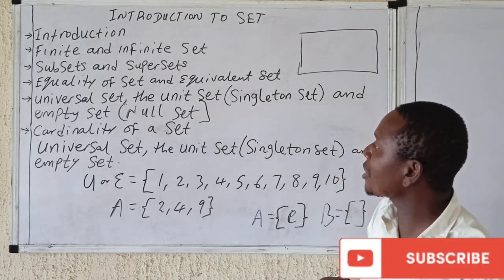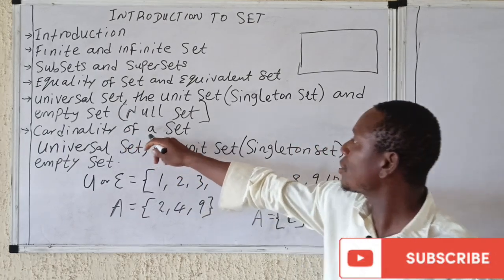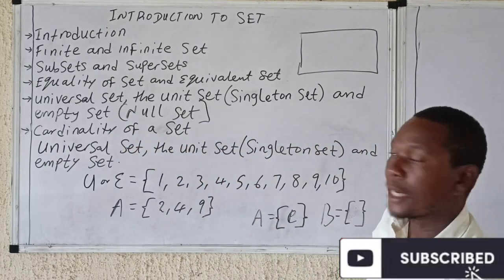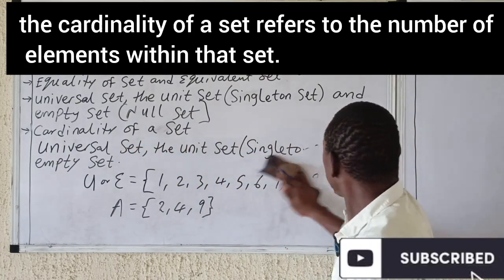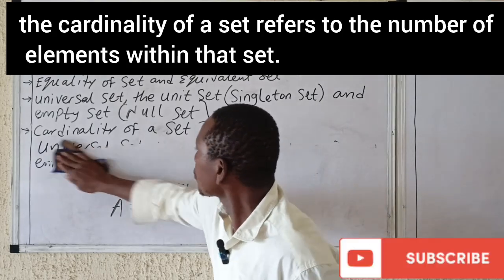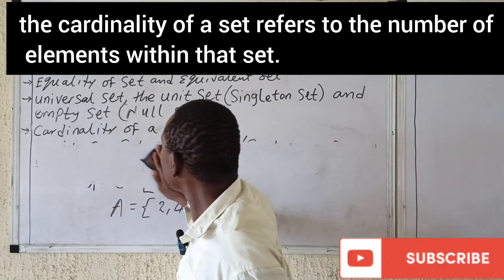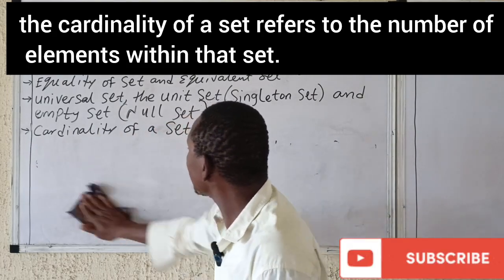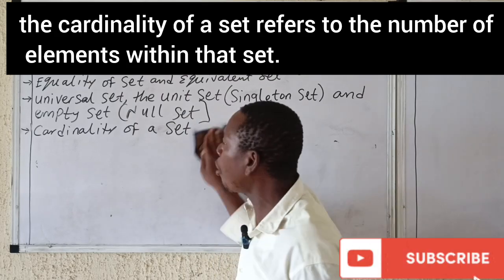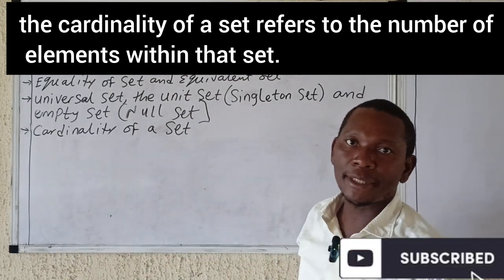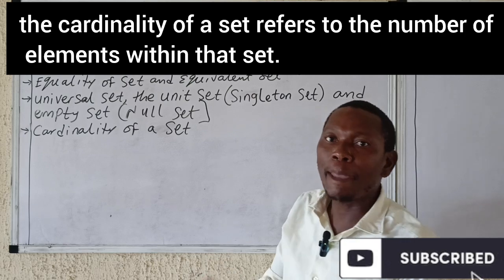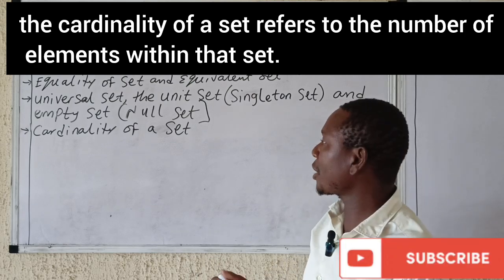The last one that we are going to discuss is the cardinality of a set. When we are talking about the cardinality of a set, we are talking about the number of elements, the number of members that a particular set actually has.